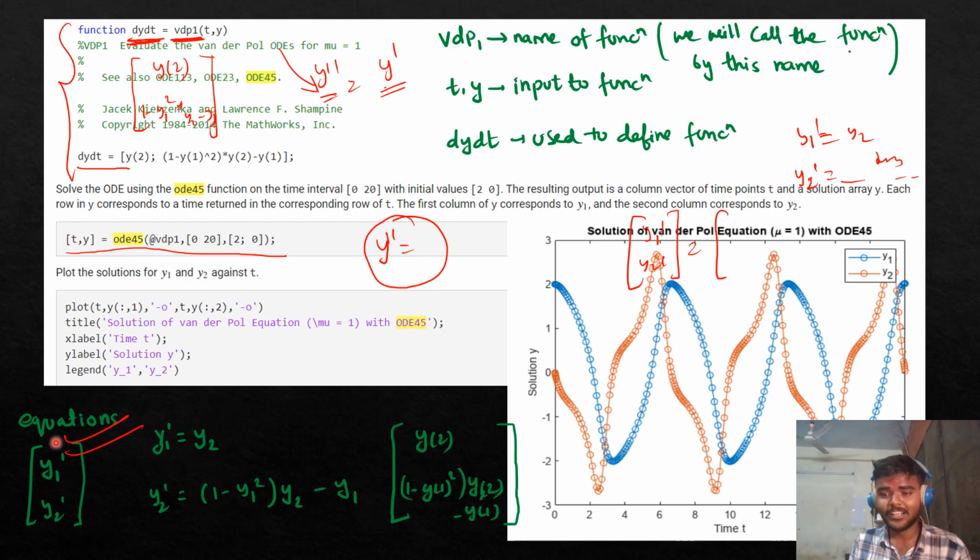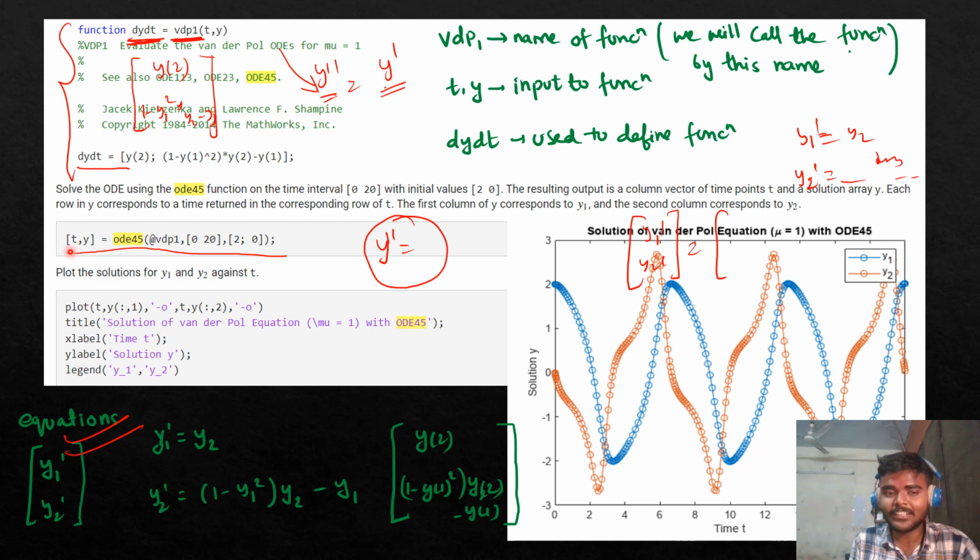As I told you, always we have to put all our things on the right hand side, and the left hand side always has the differential, which is understood by the computer, this MATLAB also. So I write only this part while defining the function. I wrote y2, then 1 minus y1 square into y2 minus y1 this side, and we don't have to write y1 dash, y2 dash, as it is understood by MATLAB only. So this is how we define this function.